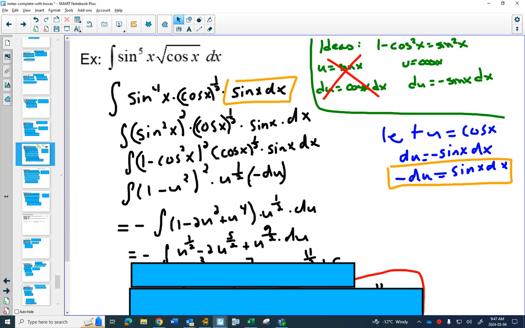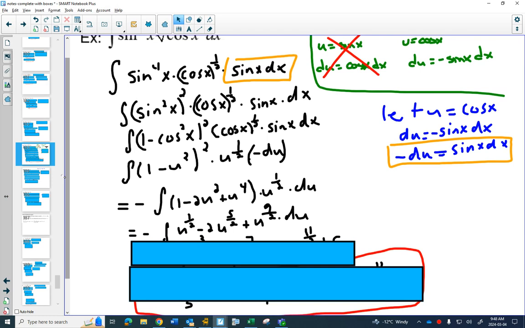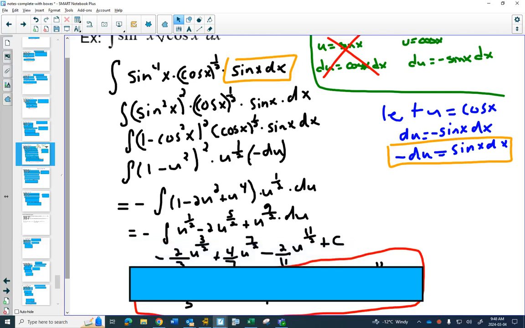And we're left with only powers of u. So each of these integrals are easy. Add 1 to the exponent and divide. Add 1 to the exponent and divide.